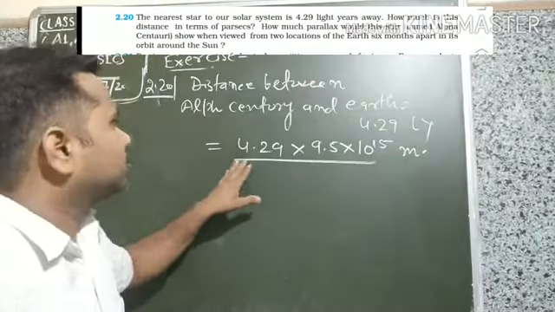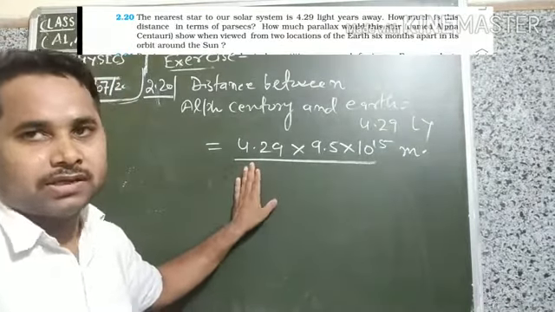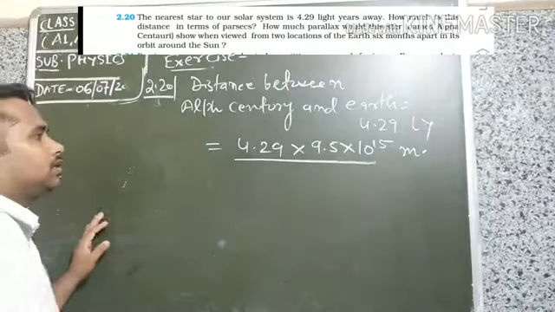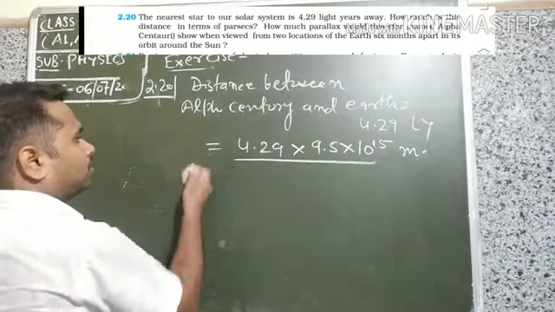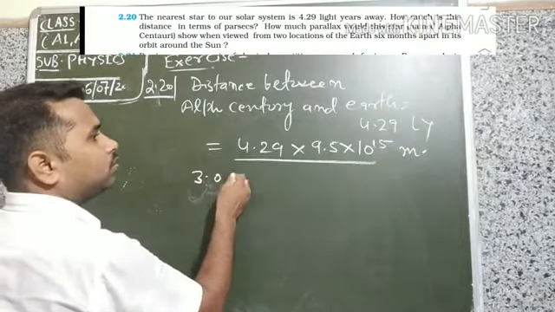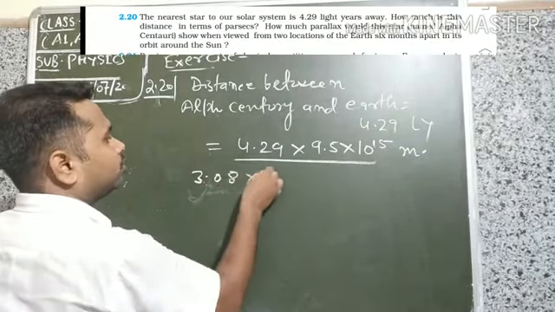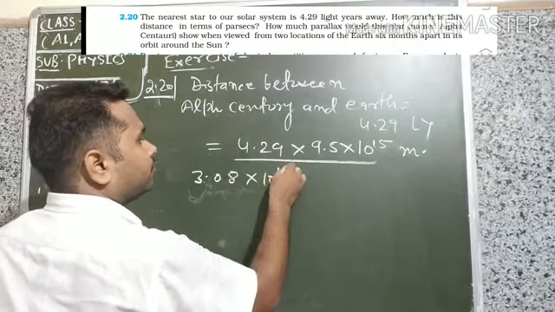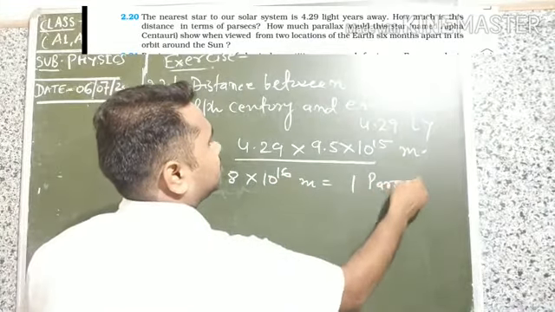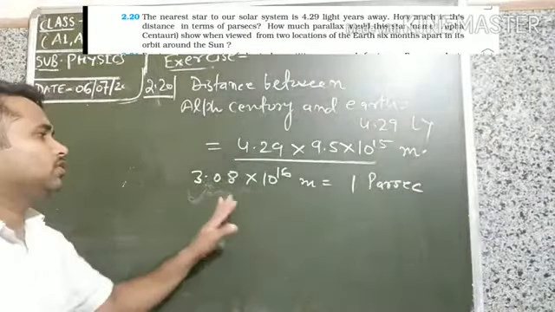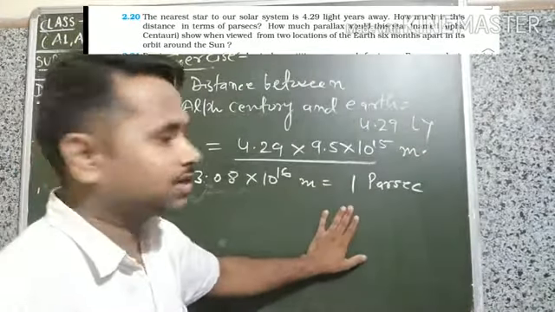Also we have to convert this distance into parsec. So you know the relation: 3.08 into 10 power 16 meter equals 1 parsec.